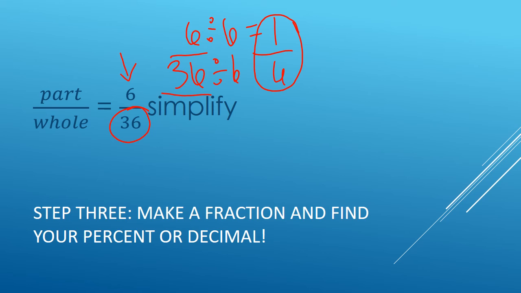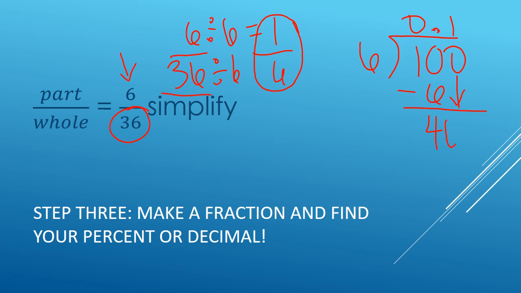So top dog in the house, 1 divided by 6. 6 goes into 1 0 times. So I'm going to add that 0, a decimal point, and a 0 behind the 1. So 6 goes into 10 one time. 6 times 1 is 6, subtract that, that gives me 4. I'm going to drop down another 0, which gives me 40. So 6 goes into 40 6 times. 6 times 6 is 36.